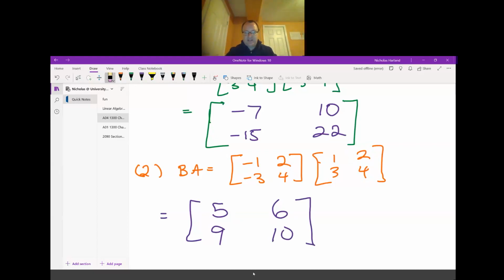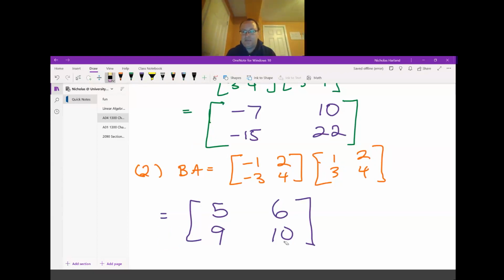So last thing, if you have any questions about this, feel free to stick around. I'll be happy to answer them. But one thing I want you to get out of this, other than how to multiply matrices, is up here is AB, down here is BA. What do we notice about those two? They're not the same. A times B and B times A are not equal to each other, at least not always.